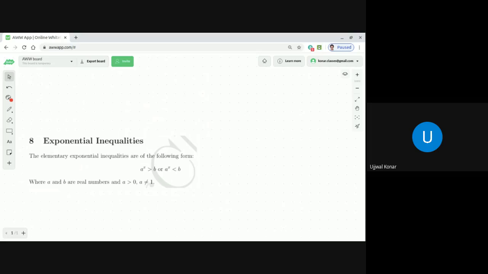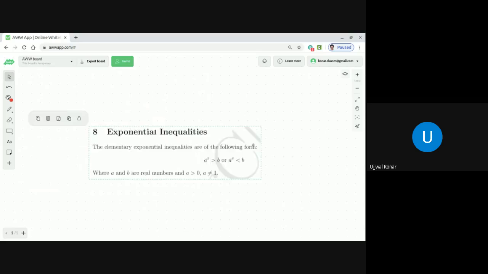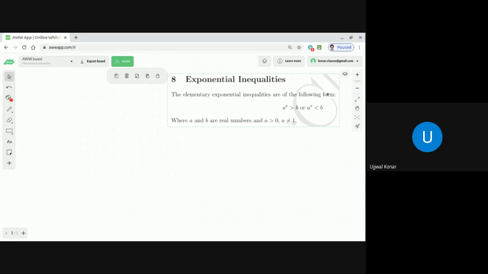The first and foremost thing I can say is that for the inequation a power x greater than b, we will see how the solution varies depending on the values of a and b.